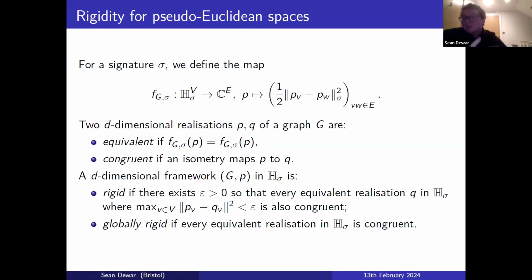And it will have the same dimension as the previous orthogonal matrices plus translations. Rigidity, yet again, this definition is kind of wrong, but it's a rough idea of what it should be. Locally, you should have only finitely many realisations, and globally rigid is now equivalent in this new setting. Everything that's equivalent is congruent in this new setting. So all the definitions are basically just the same, except I've changed things to now be in this pseudo-Euclidean space.